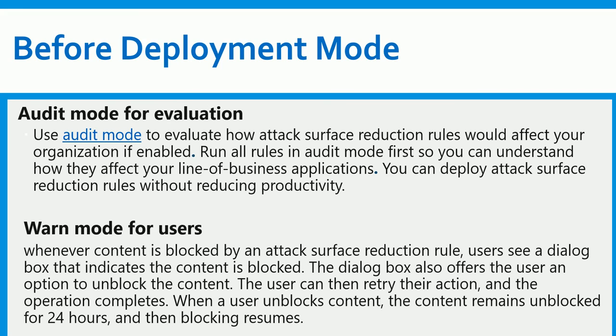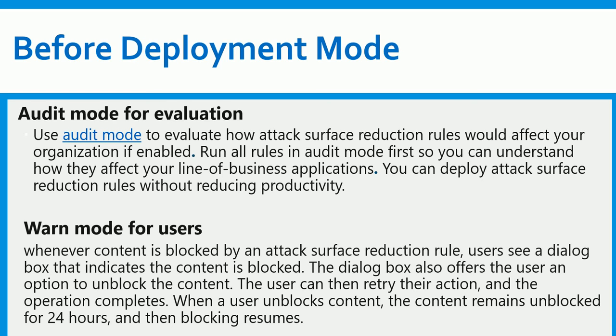Now the warn mode for the users. Whenever content is blocked by the ASR rule, the user sees a dialog box indicating that content is blocked. So what is the warn mode for the users? When any content, any exe, any file is getting blocked by the ASR rule, the user can see a dialog box that the content is blocked.